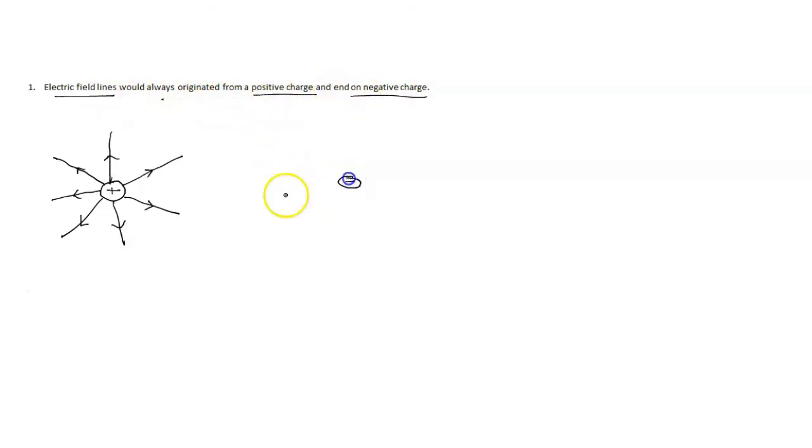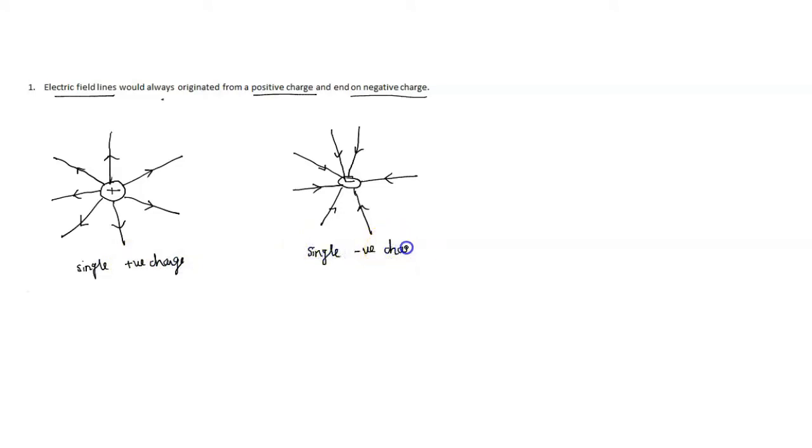So suppose we consider a negative charge, this is the representation of electric field lines for a negative charge. This is the diagram for a single positive charge, and this is for a single negative charge. This is the first point, and a very important point, about electric field lines.